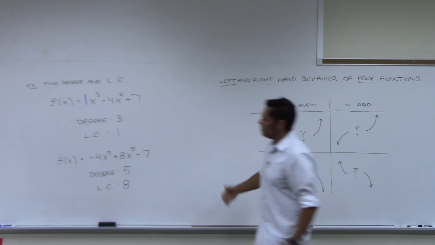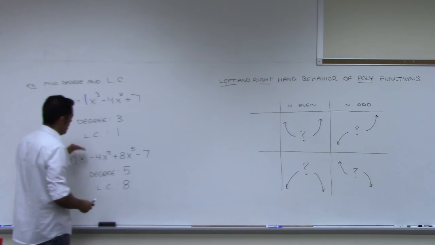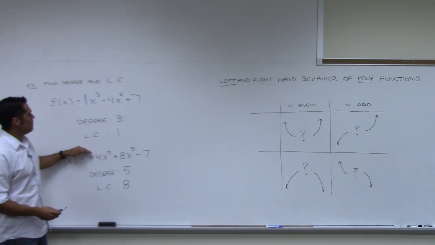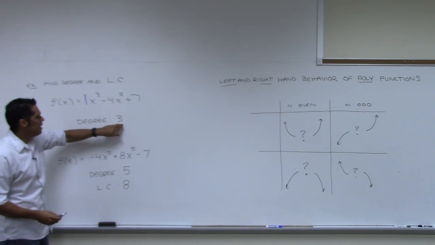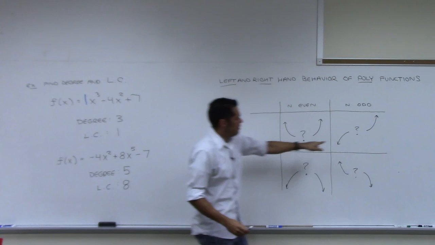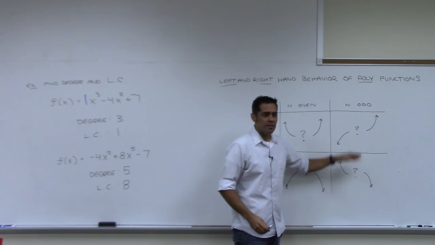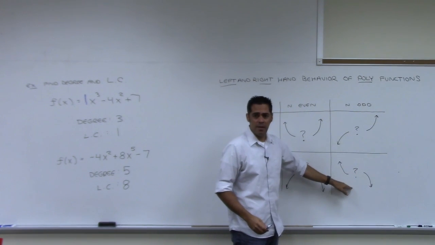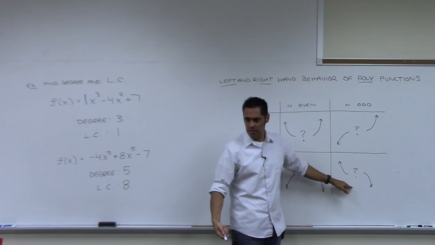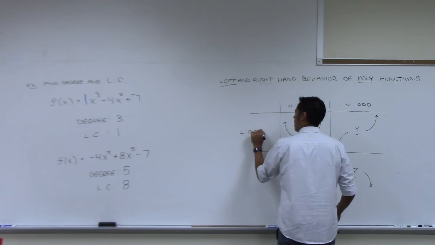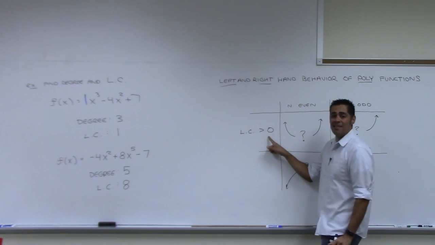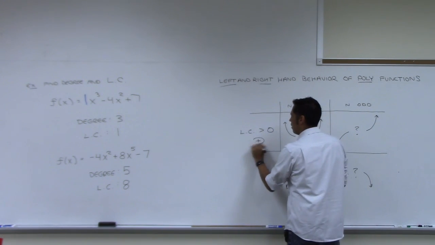So looking back at these two polynomial functions, what you can tell me so far is that this one up here has an odd degree, right? That means that it's going to either look like this or like this. Now to figure out which of these two it's going to be, we look at the leading coefficient. If the leading coefficient is greater than 0, that means positive, right? I'm going to put positive under here.